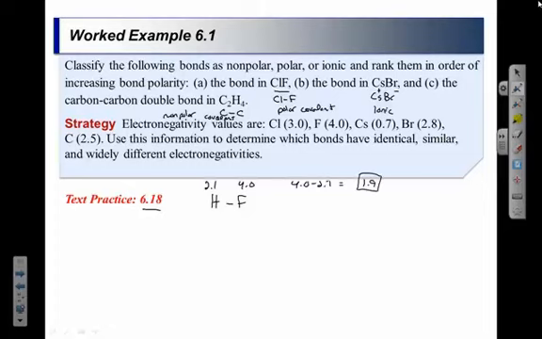And if you were focused on what the textbook was saying with that 2.0 cutoff, that's a very reasonable answer, because that's pretty much as close as you can get to 2.0. And that is one of the most polar covalent bonds that you can have. However, one that is a little bit more polar would be the boron fluorine. That is 2.0 versus 4.0. So that is a difference of 2 instead of 1.9.